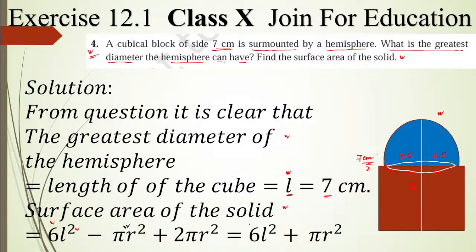So here it will be 6 L square plus 2 pi r square minus pi r square, equal to 6 L square plus pi r square. Hope that there is no problem to understand up to this step.